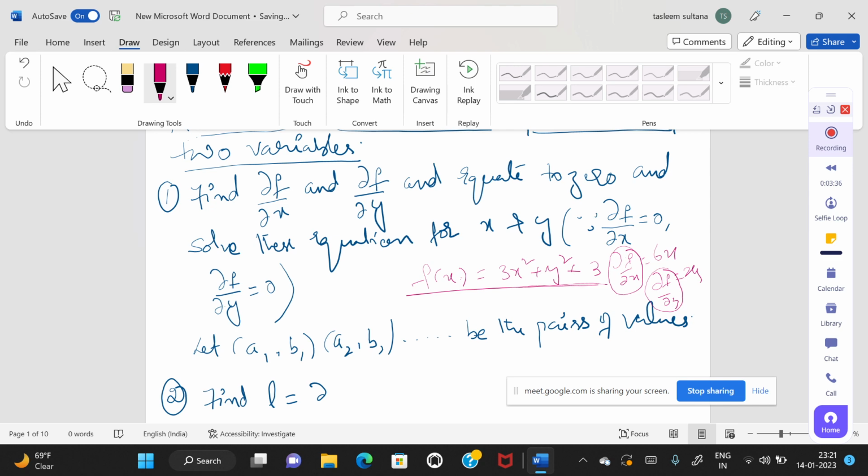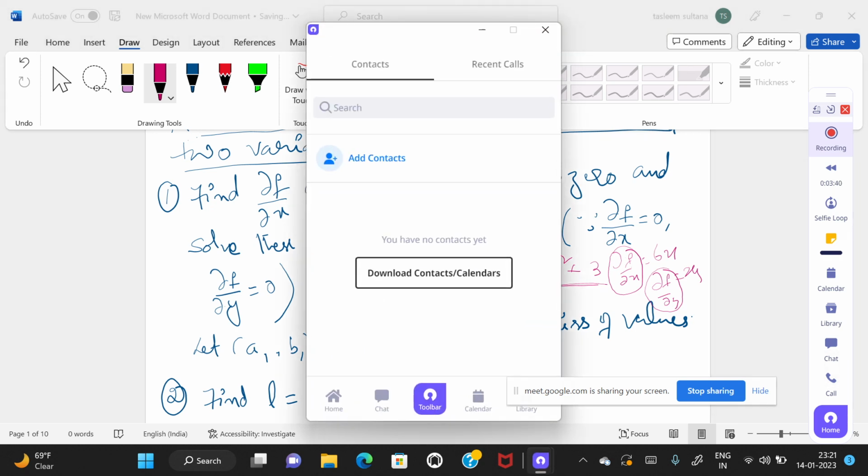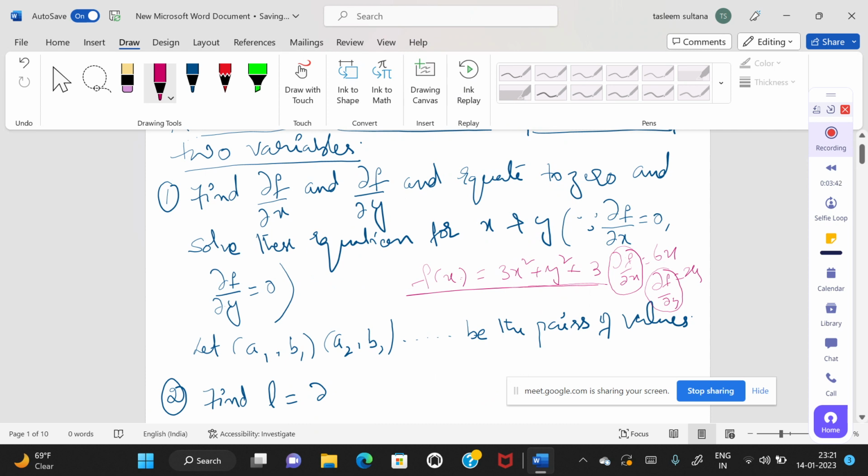That's not possible here, but I have taken this just for explanation. When you solve these equations, you will get some values for x and some values for y. Those values will be known as a pair of values or stationary values.